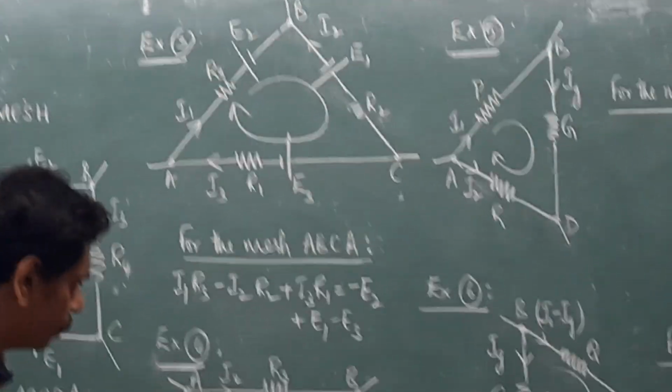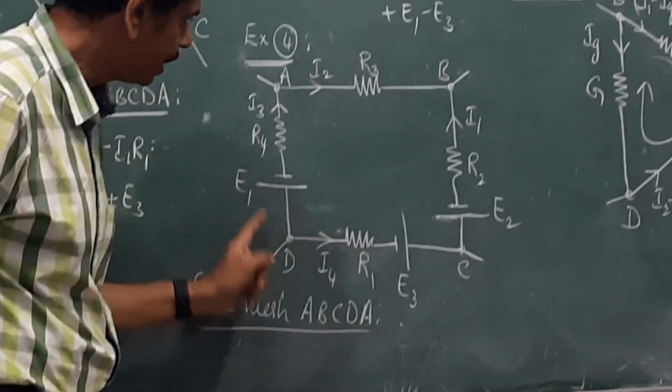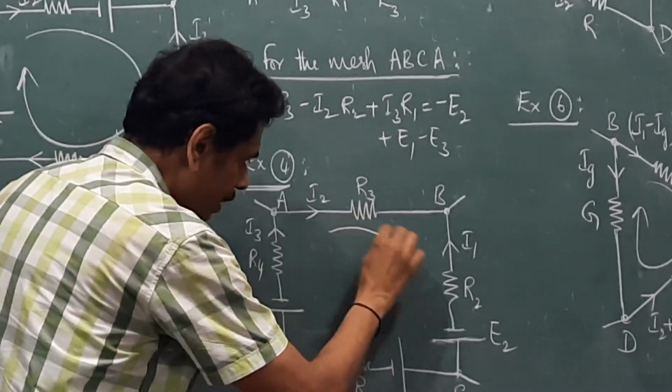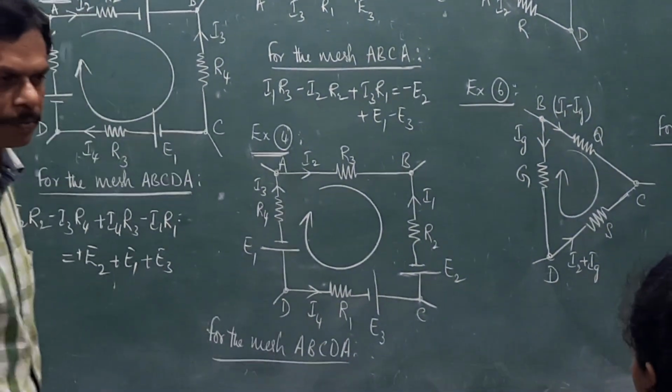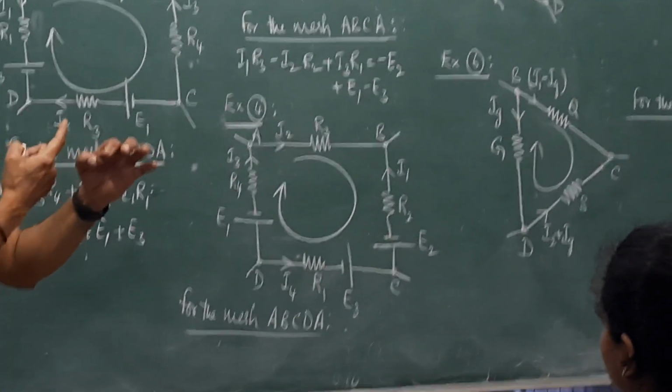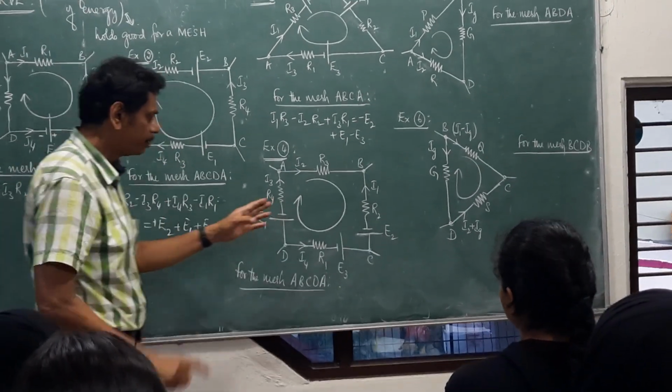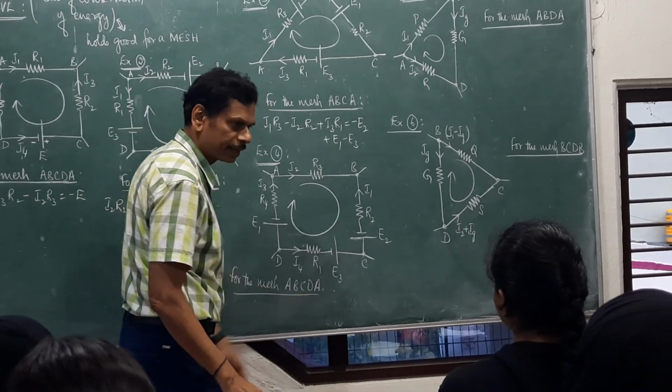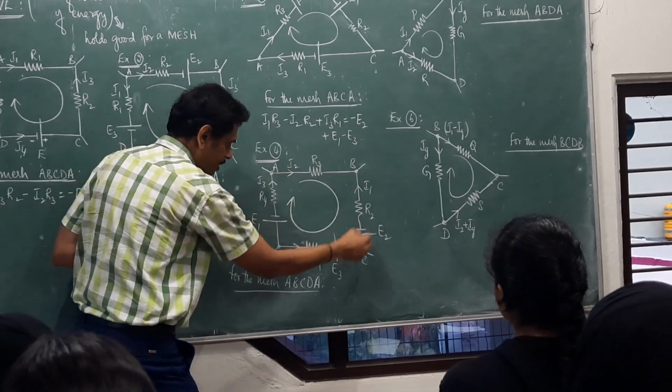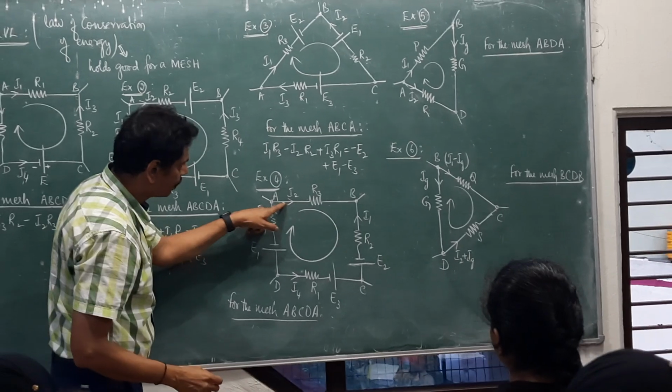For this example number 4 here now, ABCDA is the mesh. This is the convention direction that I will choose. Clockwise currents must be taken as positive, anti-clockwise direction must be taken as negative. EMF is also like that. For this mesh, ABCDA, I will start from here.